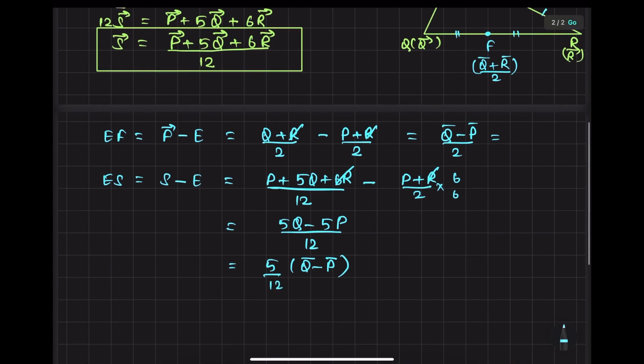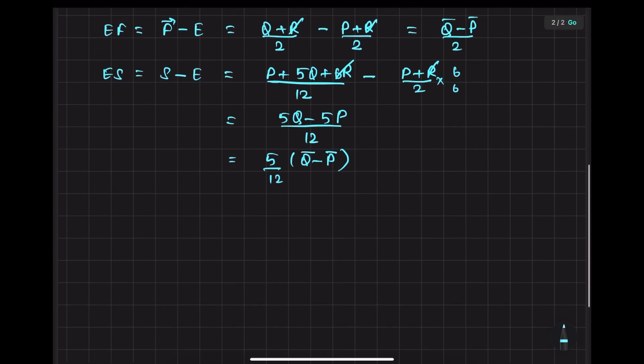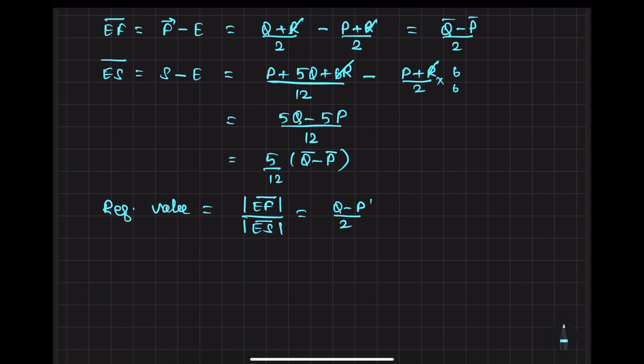Now we need to find the magnitude. So the required value is the magnitude of EF by the magnitude of ES, which will be (Q minus P) by 2 over 5 (Q minus P) by 12.